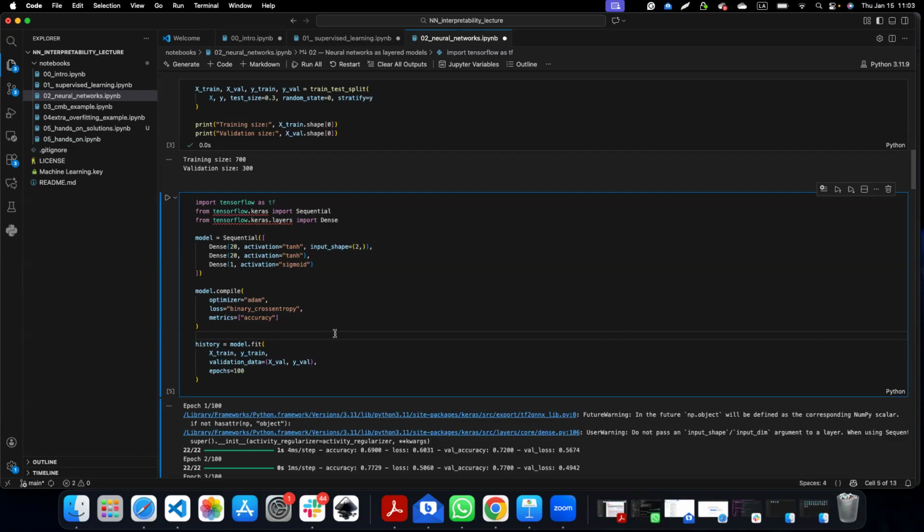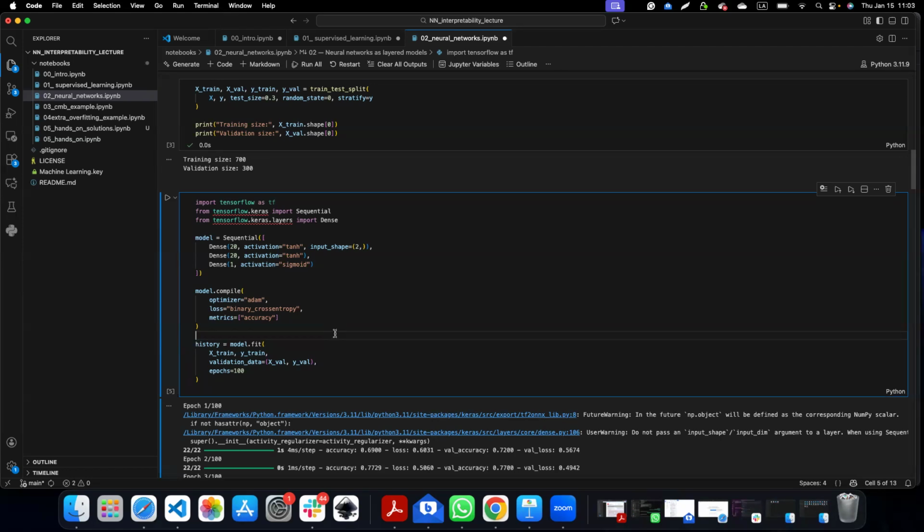If you are doing a regression, for example, if you want your last output to be a continuous number, not just 0 or 1 or a probability, but, I don't know, an age or something like that, then you're going to use another loss function. But in our case, because of this classification problem, we're using binary cross entropy, okay?